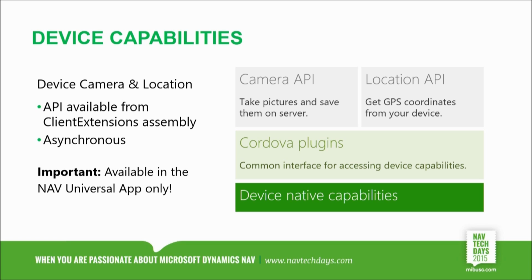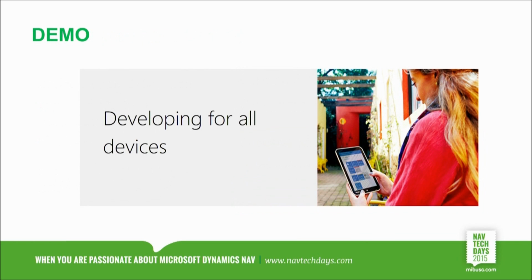And for reaching out to the device native capabilities, we're using Cordova plugins, which offer a common interface for accessing, for example, camera and location. So with that, Andrea is going to show you how to use this API for device capabilities.